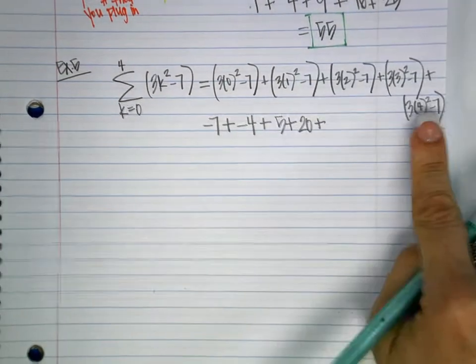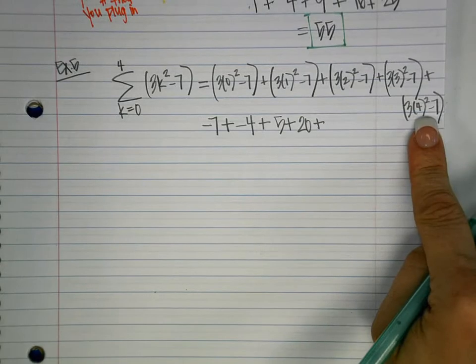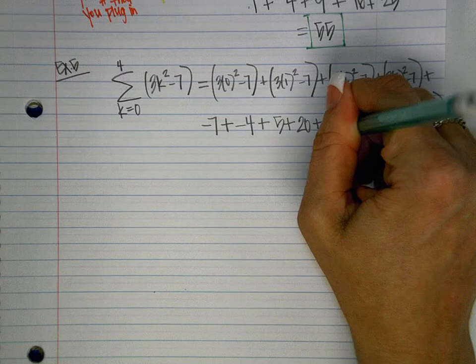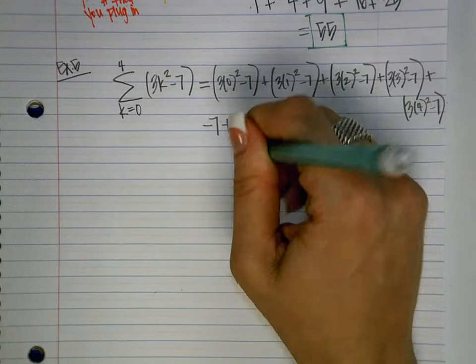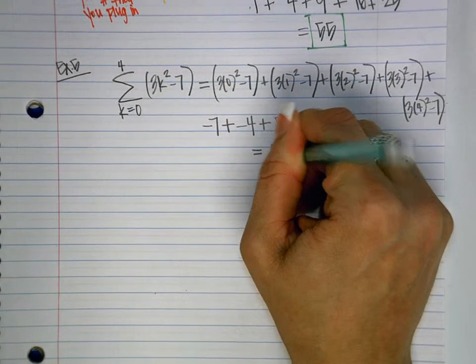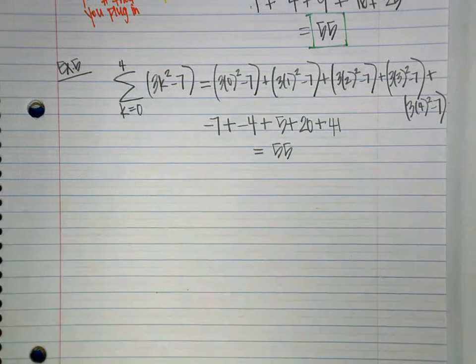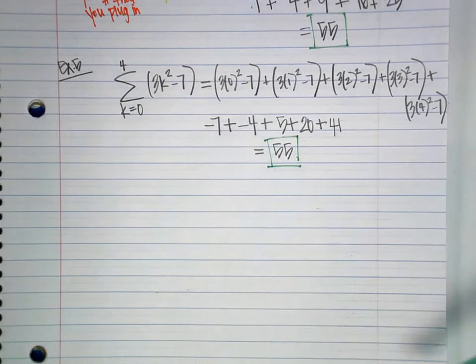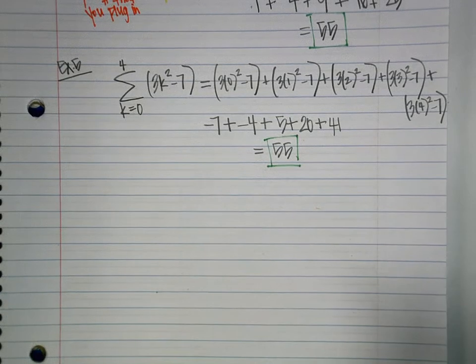And finally, 4 squared is 16, times 3 is 48, minus 7 is 41. Add all those together, you can use a calculator. That also happens to be 55. Don't think that you're always going to get that answer. I just happen to have 2 random examples that both got 55. It's not like a special number that you're going to get a lot.